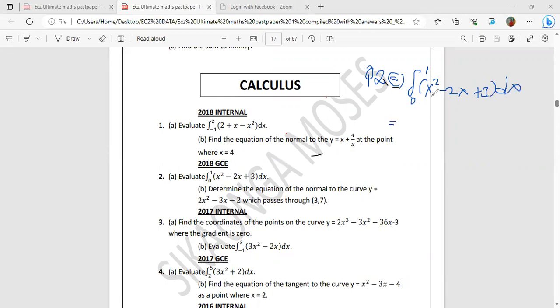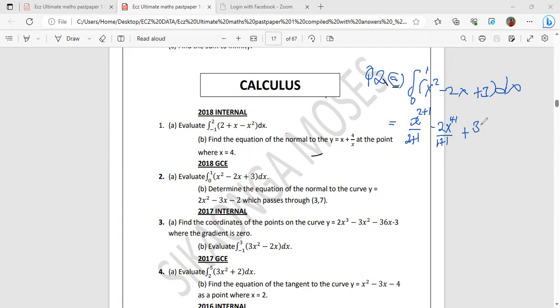So this is simply going to be: x to the power 2, you say plus 1, over 2 plus 1, minus 2x. You had a 1 here, now you are adding another one. Then plus 3.